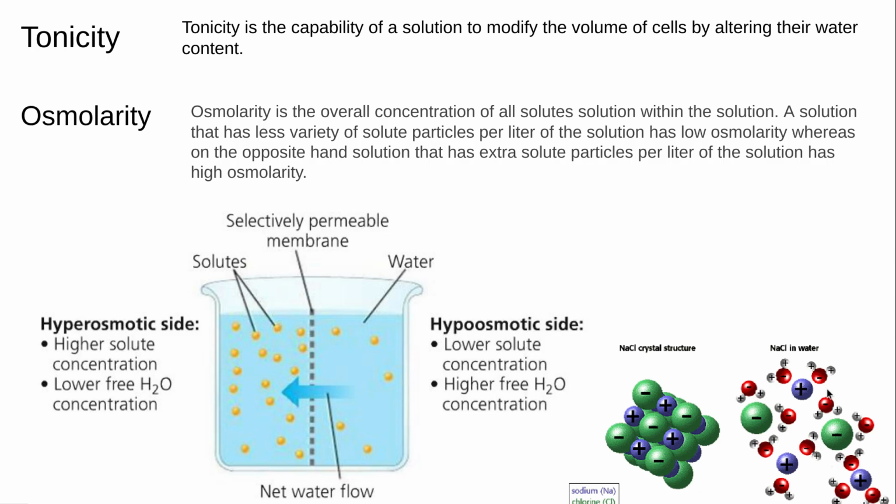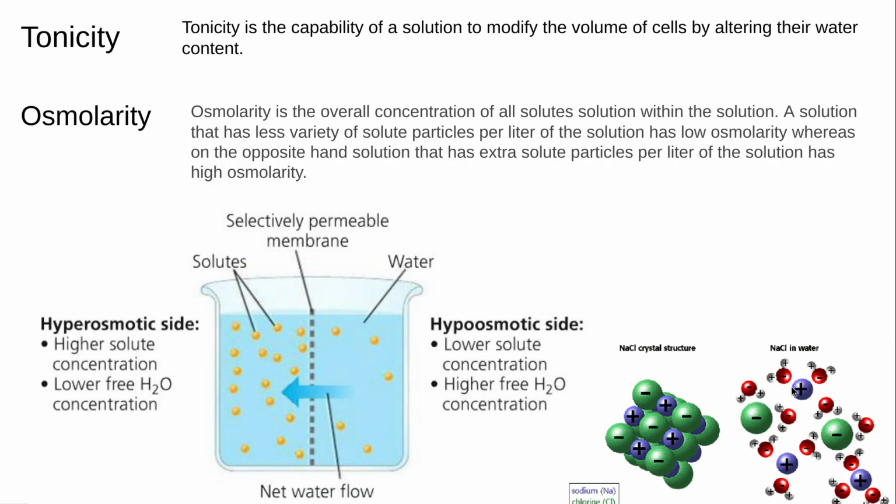So here again I'm going back to this experiment. You can see when you have a higher solute concentration, you have less water on this side, in other words less free water on this side, and more free water on this side where there are fewer solutes. What does that mean?